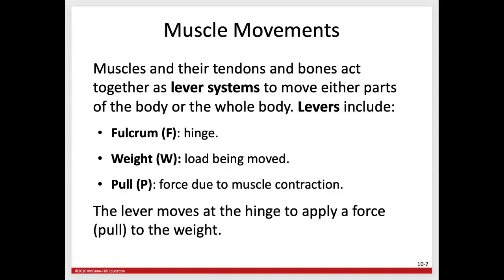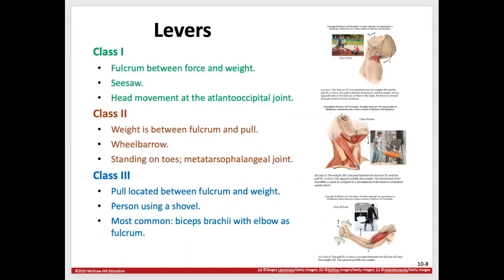So the fulcrum is the hinge, the weight is what's being moved, and the pull is the force due to the muscle contraction. The lever moves at the hinge to apply force or pull to the weight. So here are the 3 types of levers, and I would expect you to be able to identify the different classes based on the pictures.